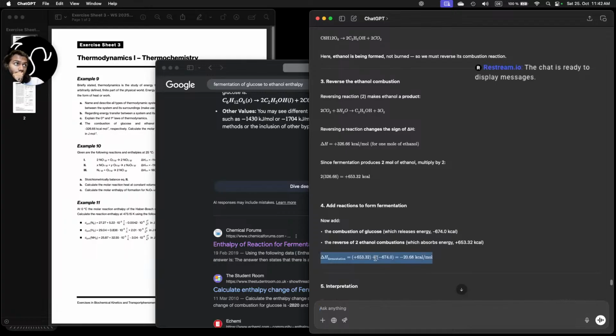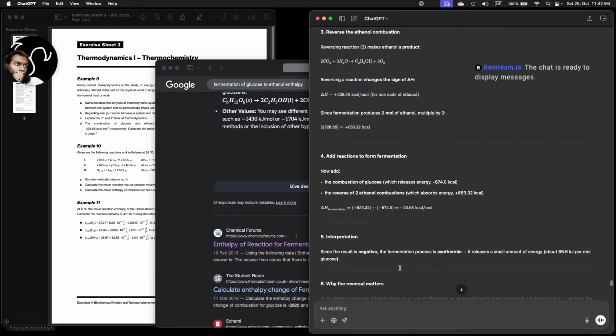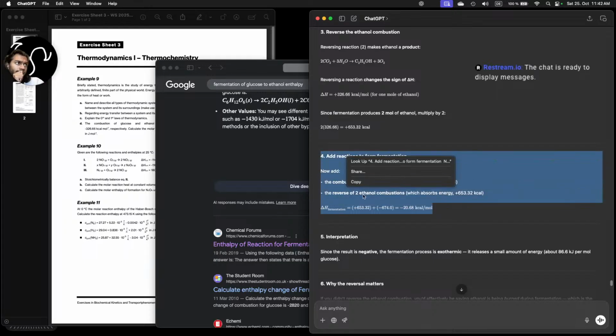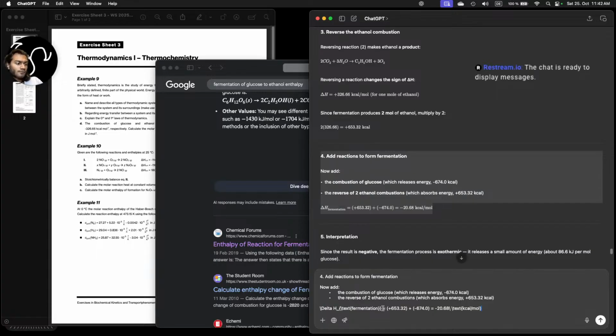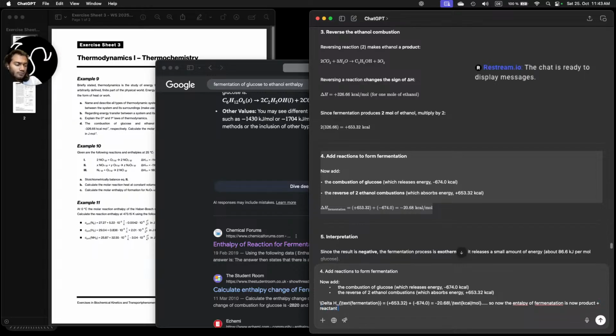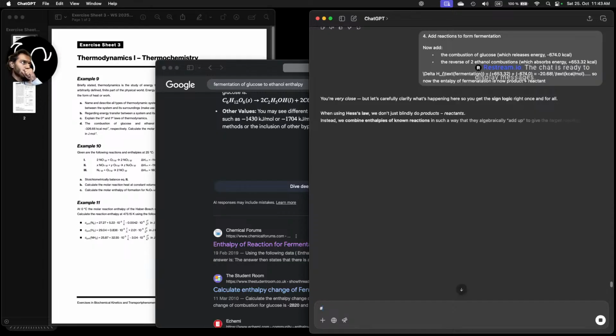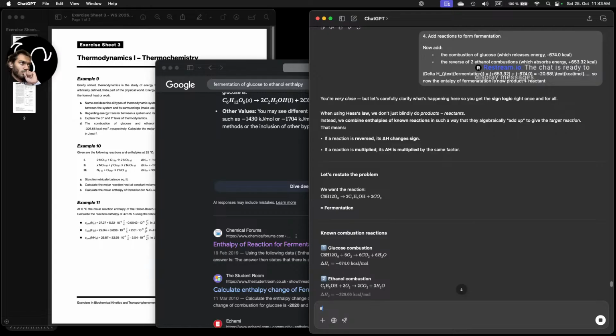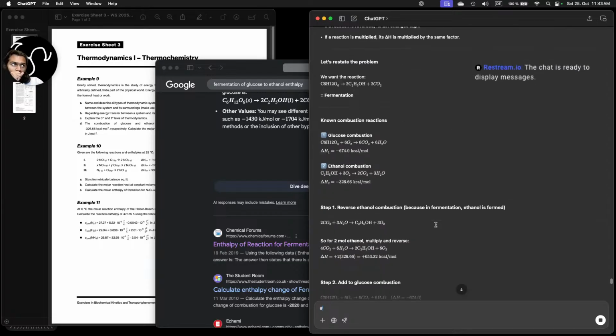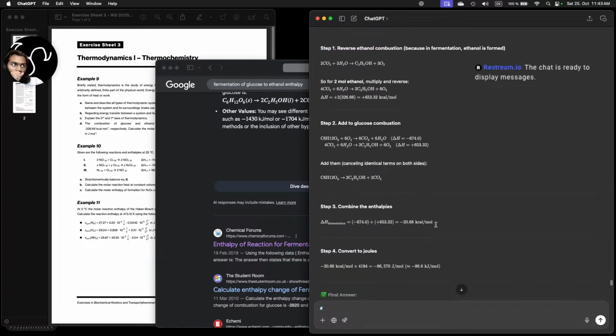What? It's now plus? So now the enthalpy of fermentation is now product plus reactant. ChatGPT, you're hallucinating right now.